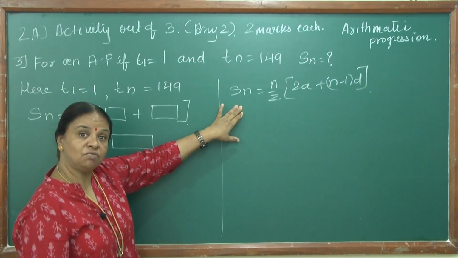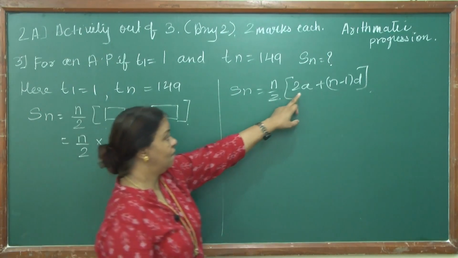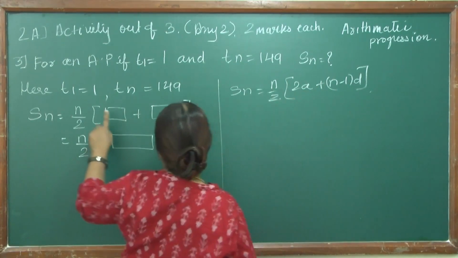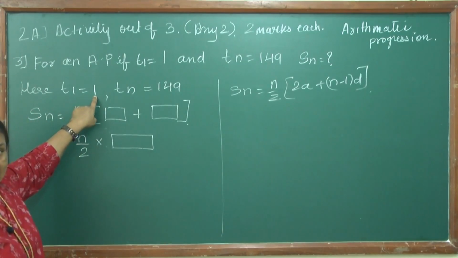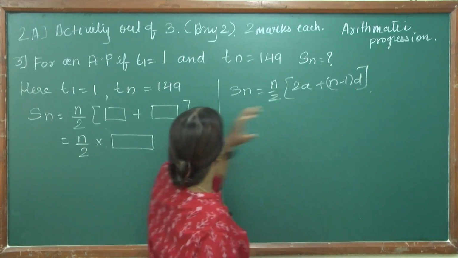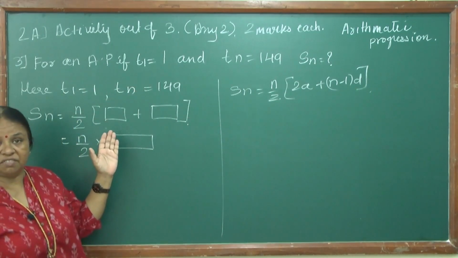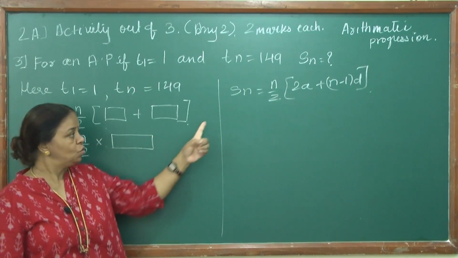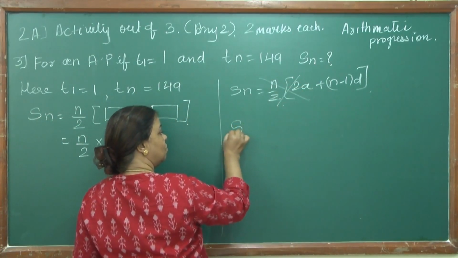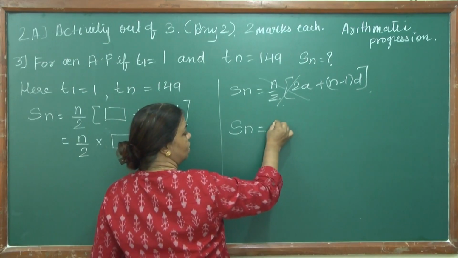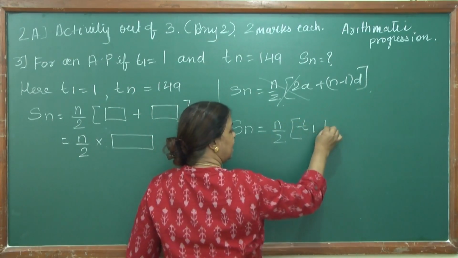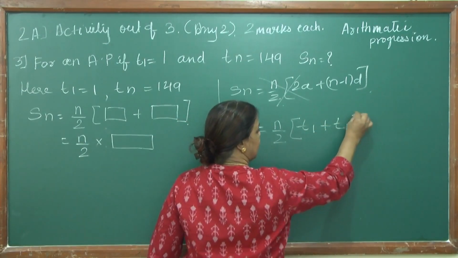We can use this formula only when we know a and when we know d. We know a in this case because T1 is nothing but a, but we do not know d because the second term is not given to find the difference between two consecutive terms. So what is another formula? Another formula is Sn is equal to n upon 2 (T1 plus Tn).